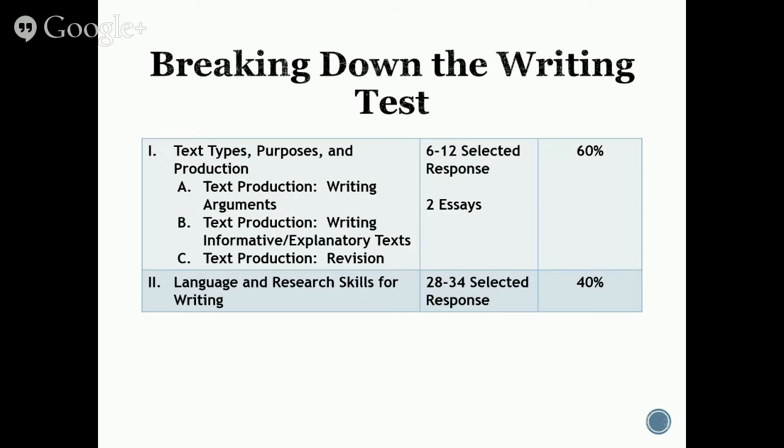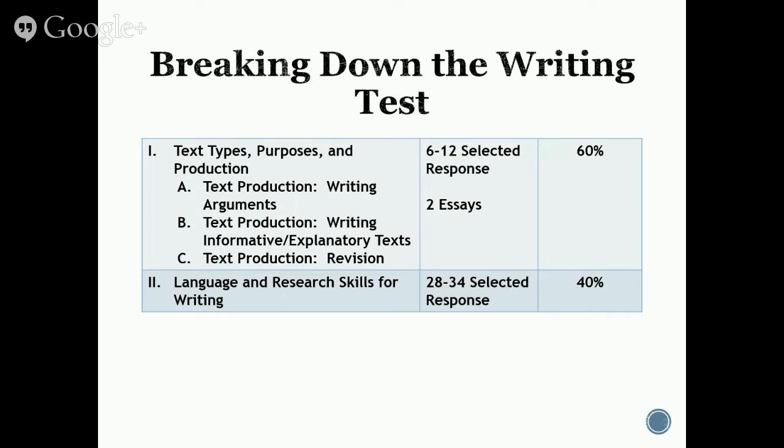Now, just like I broke down the reading test, the writing test is broken down like this. The two essays plus 6 to 12 selected response questions, or your multiple choice questions, will be 60% of your test.